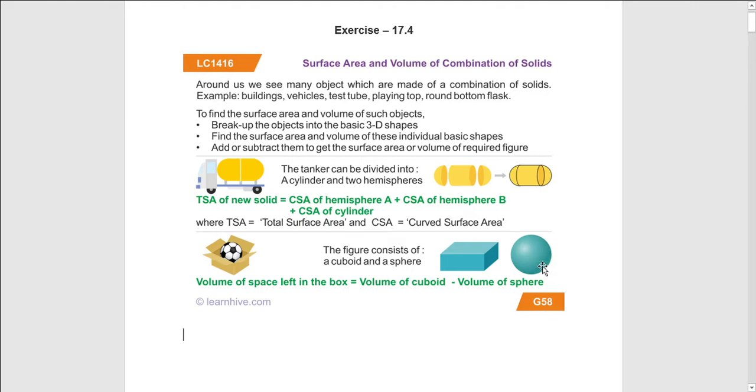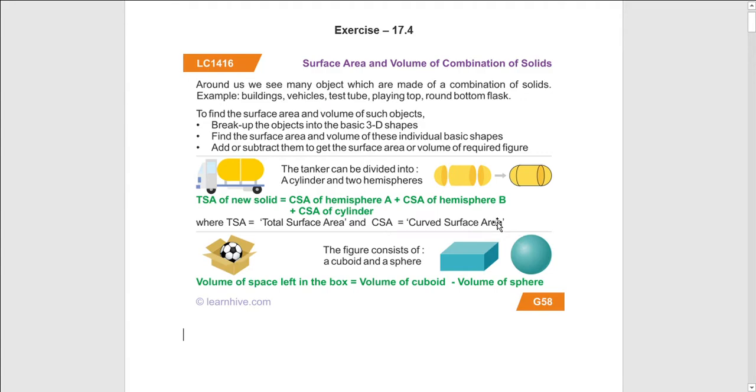So the curved surface area of the hemisphere is 2 pi r square. Volume of the sphere is 4 by 3 pi r cube. And volume of the hemisphere is 2 by 3 pi r cube.